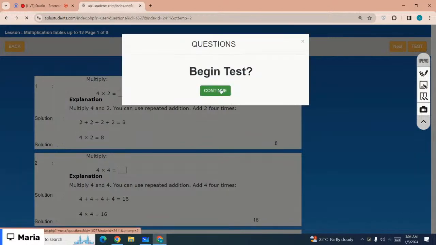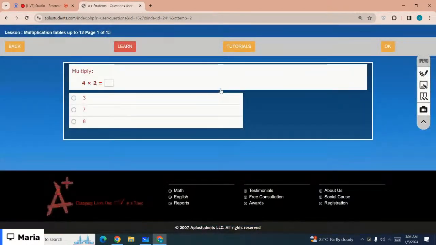So let's just start with the test questions. If you already know the answers, you can write down the answers in the chat box. The first one is 2 times 4. Which is the correct option? 2 times 4 is, you can add 4 two times, or you can add 2 four times. In both cases, the answer is exactly the same.